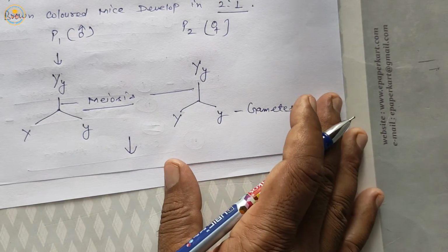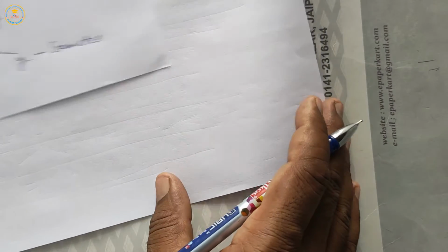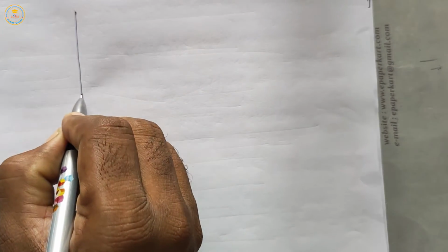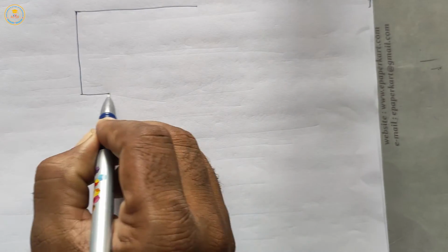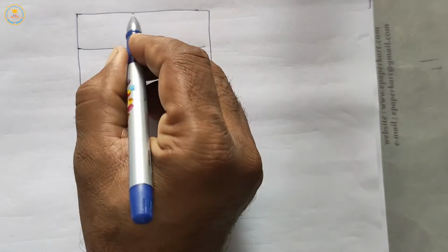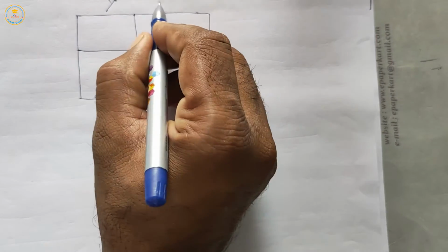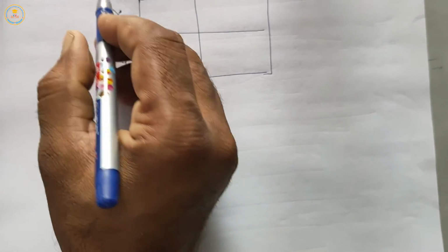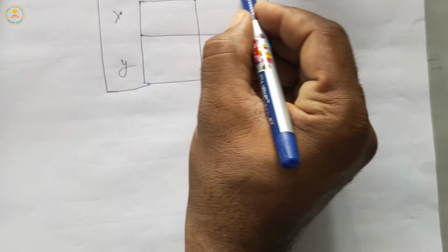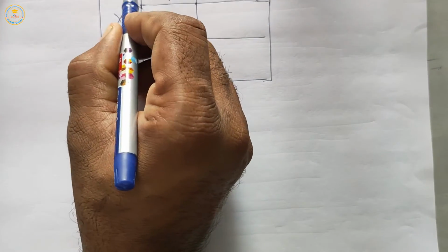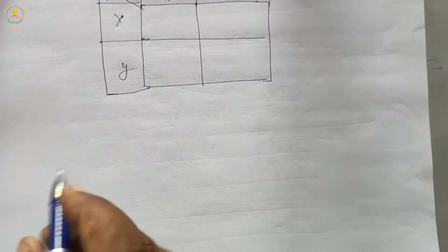Next process is selfing, meaning formation of the second generation. First is dominant, second is recessive.